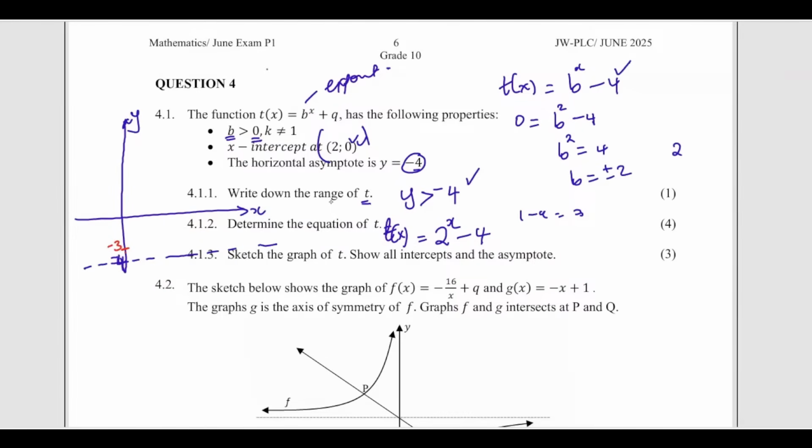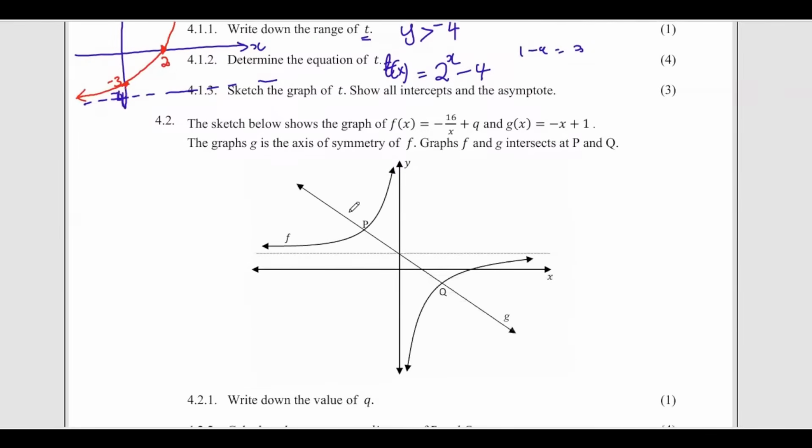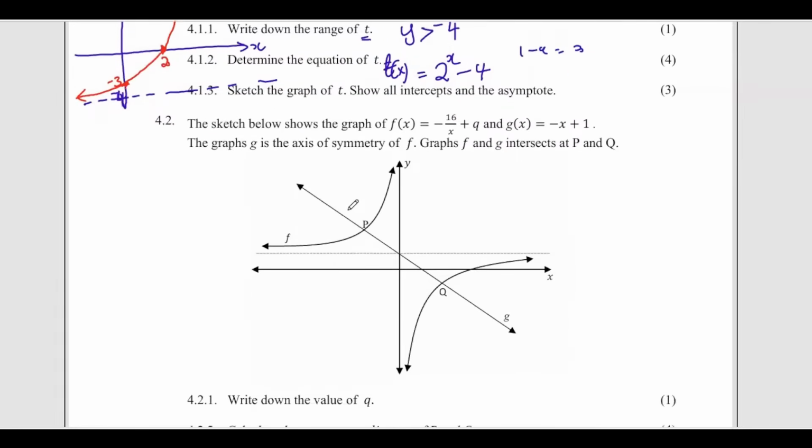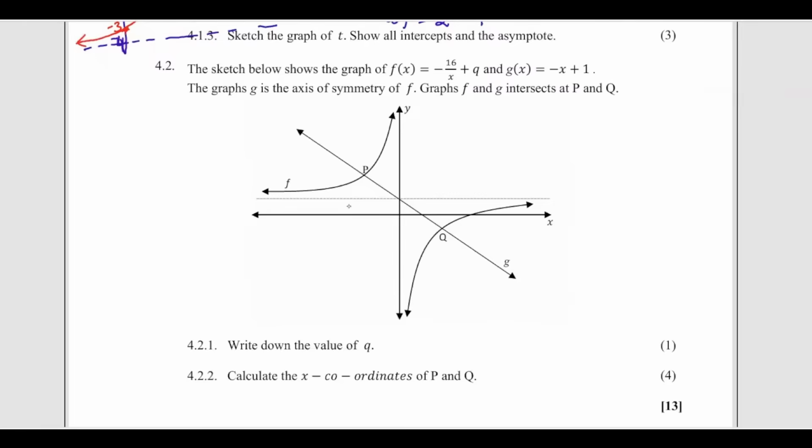And they told us it cuts the x-axis at (2; 0). So if this is our point (2; 0), it's going to be something like that. Remember, it's an exponential, so just in that sort of direction, okay? Then 4.2. So what are they going to mark here? They're going to mark the intercepts, the asymptotes, and also the shape. Then sketched below is a hyperbola and a straight line.